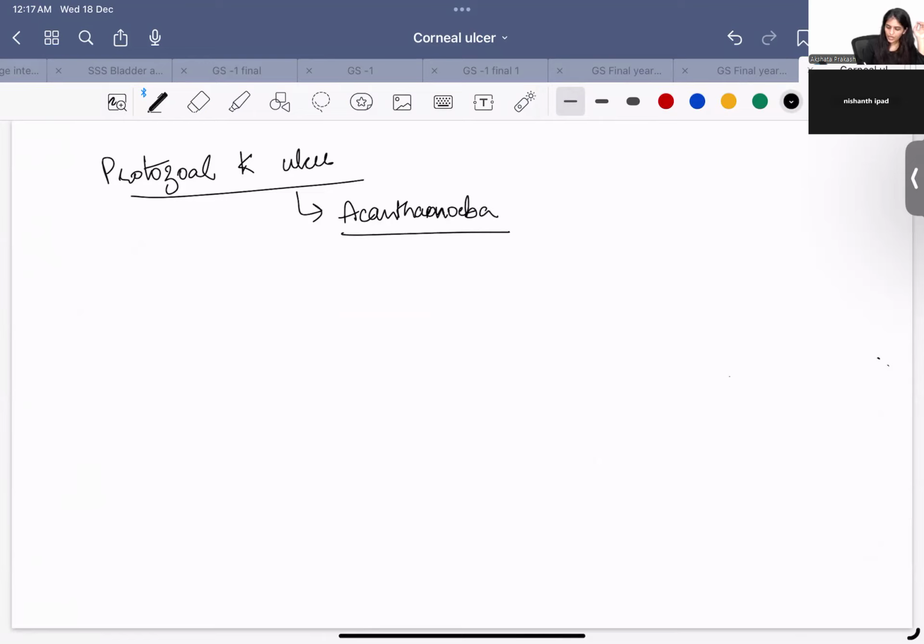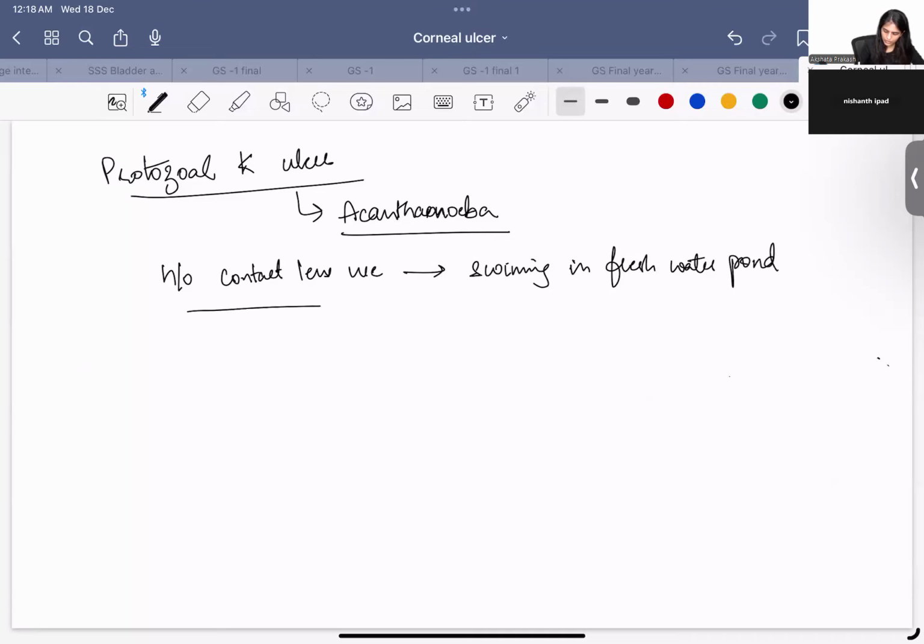There is a typical history in this, that is history of contact lens use. And the patient has gone swimming in a freshwater pond. Most of your MCQs, if they begin with this and they say there is corneal ulcer, it is implied that it has to be acanthamoeba.